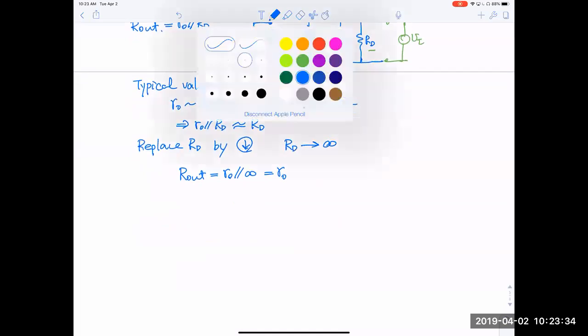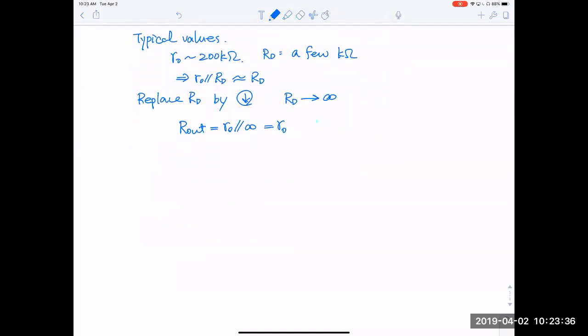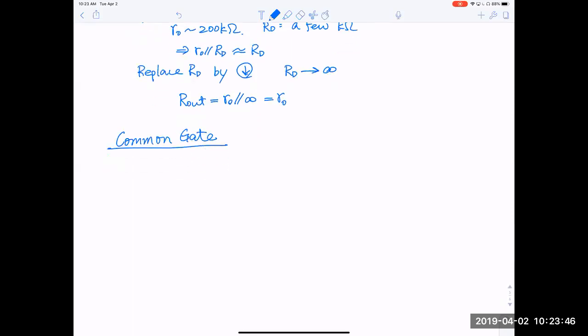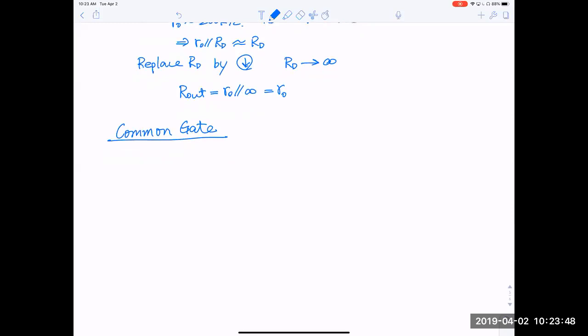Okay, common gate amplifier. Common gate. This is the first time we talk about anything that's not common source, so this will look a little bit different. What is a common gate? Let's draw a resistor biased version. There will be an RD, and there will be a transistor here, and we'll use a current source bias here.